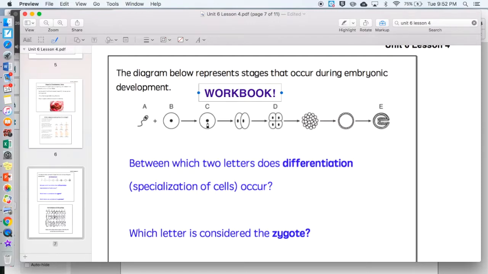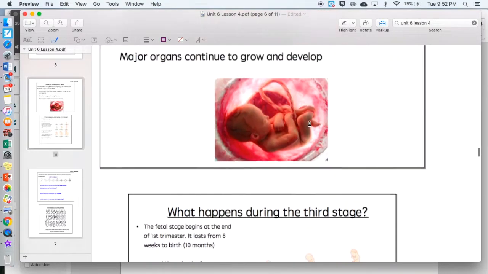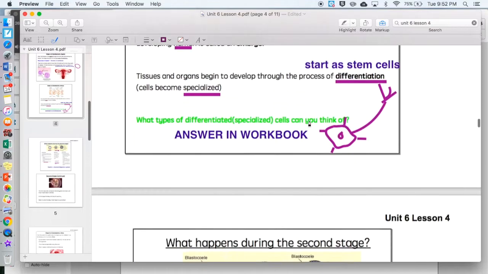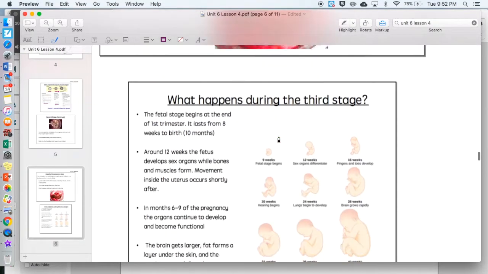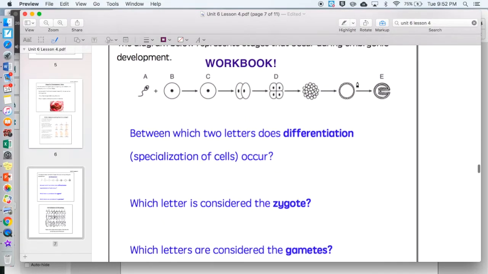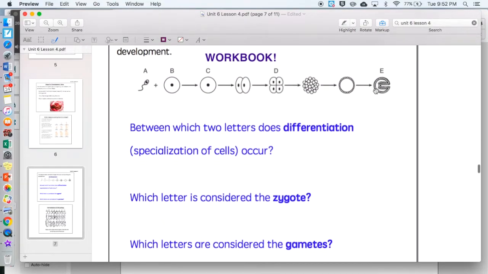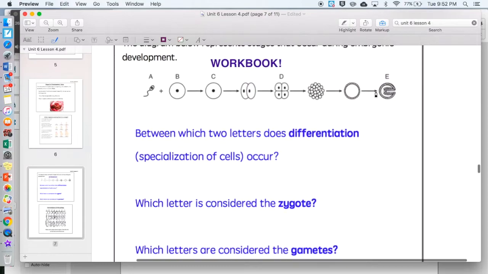So think of this as a math problem. It was A plus B led to C, so that'll help you out. This one's unlabeled. D, you can see these cells have divided. If you scroll up, you'll see something familiar right around here. Take a look at this diagram and then go back to the question if you're stuck. And then E was part of that previous diagram.